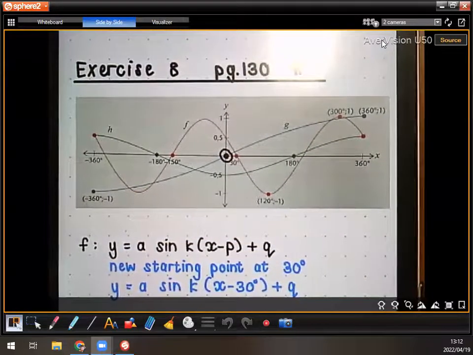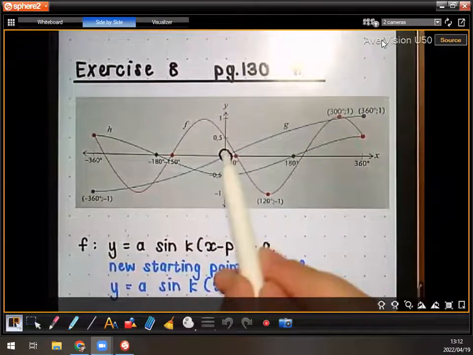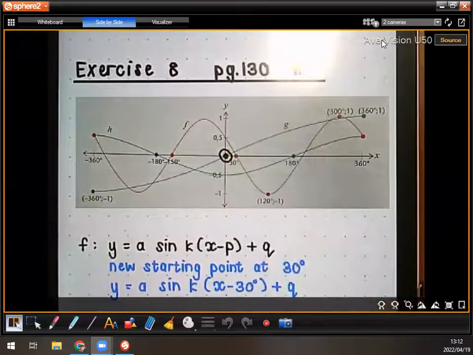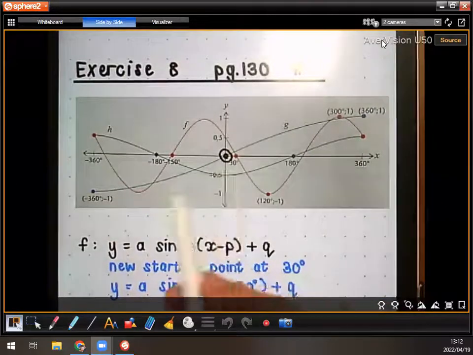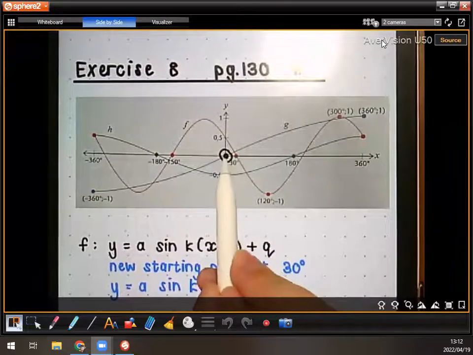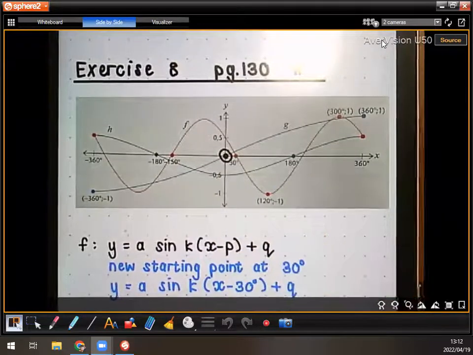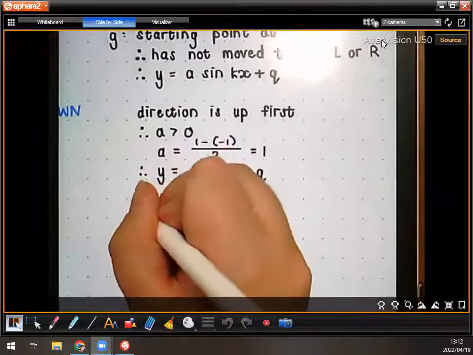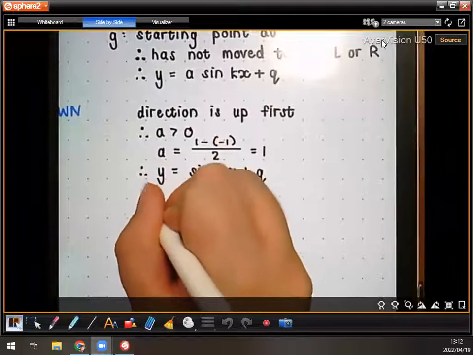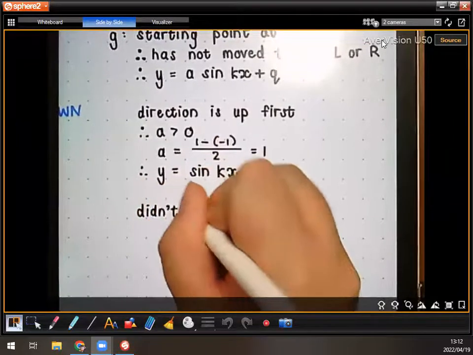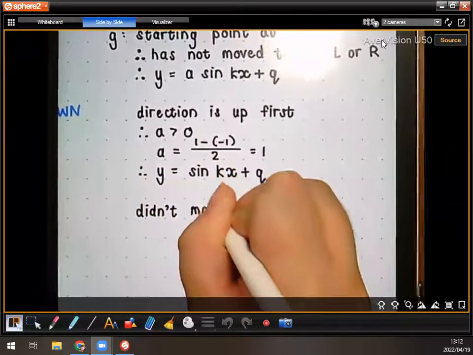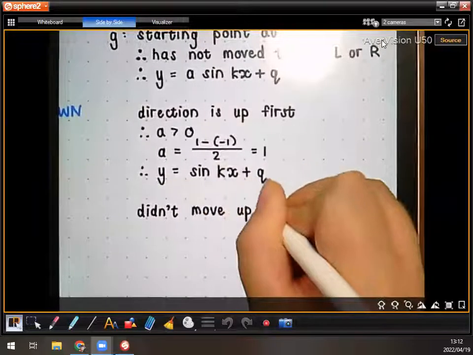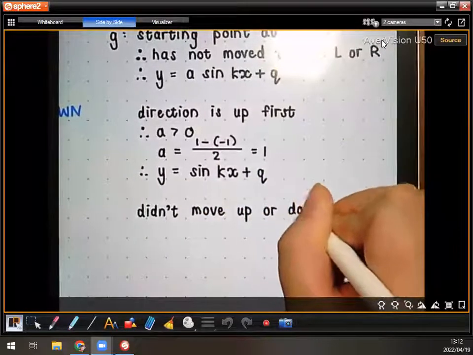Okay, so if the maximum and the minimum values are on either side of 0, for example, and it didn't move up or down, the q value is 0. There's no q. Okay, it didn't show. I'm just going to write that next. Didn't move up or down.